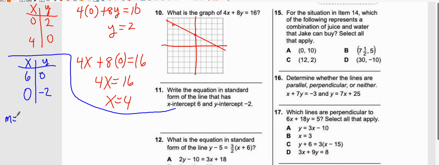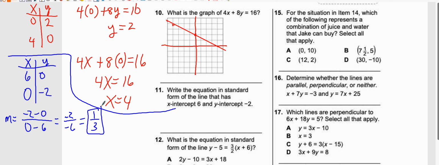It's y2 minus y1, -2 minus 0, over 0 minus 6, which is -2 over -6, so that's positive 1/3. Told you. There are other ways, if you're comfortable enough with the equations, you can observe that.